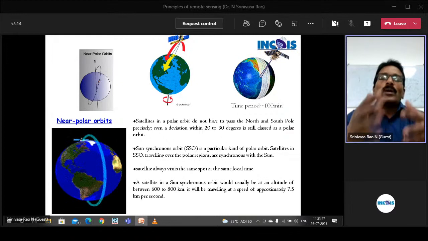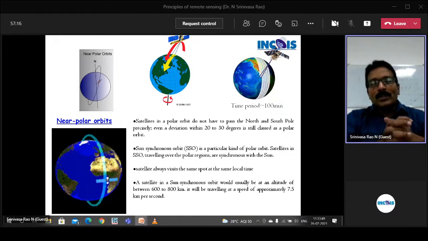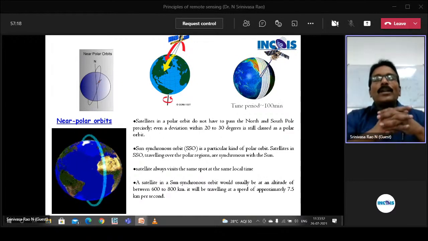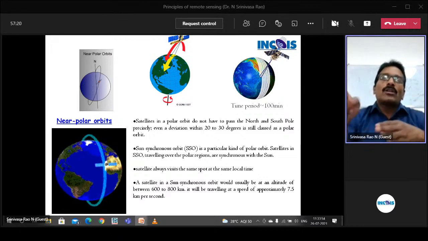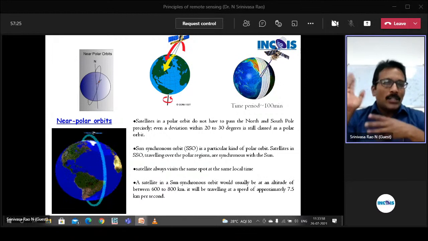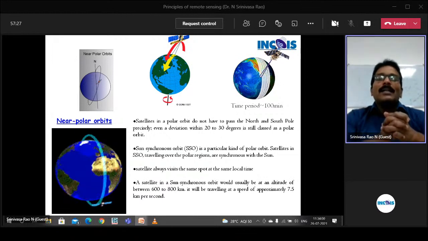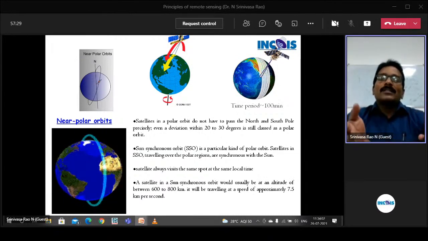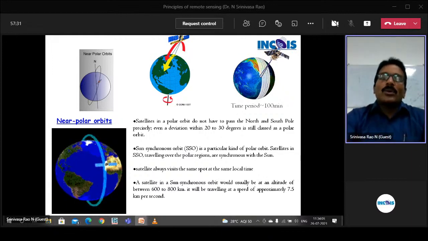Those are Earth observing satellites. If India uses GSLV, Geosynchronous Satellite Launching Vehicle, it places the satellite at 36,000 kilometers height, either a weather satellite or a communication satellite.